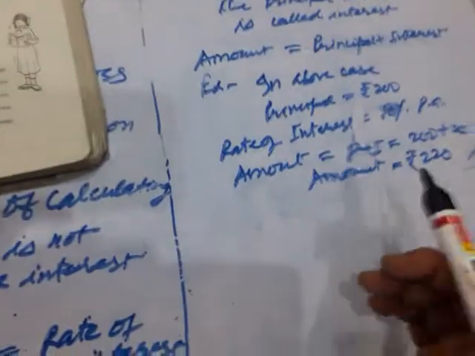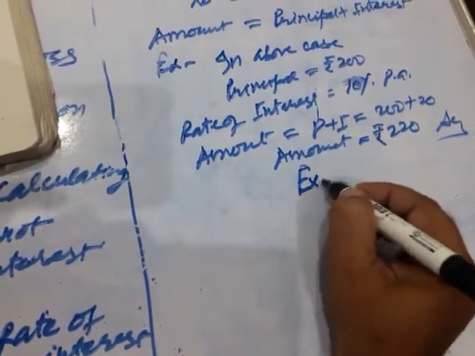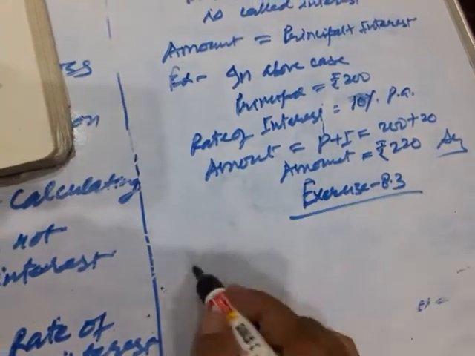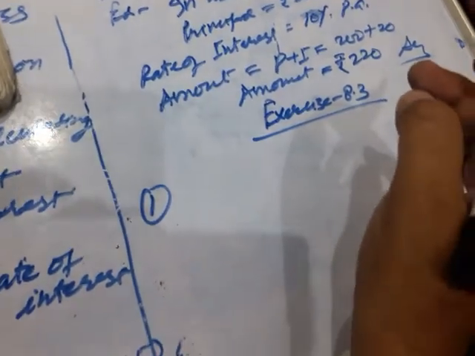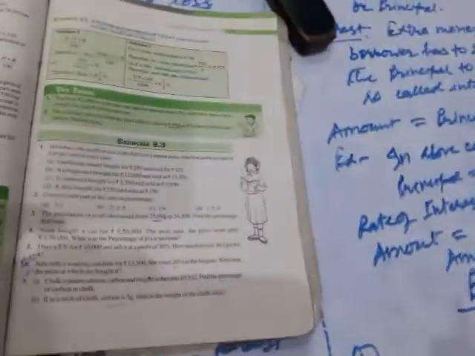Okay children, now let us move to exercise 8.3. There are some situations, children. Tell what is the profit or loss in the following transaction.